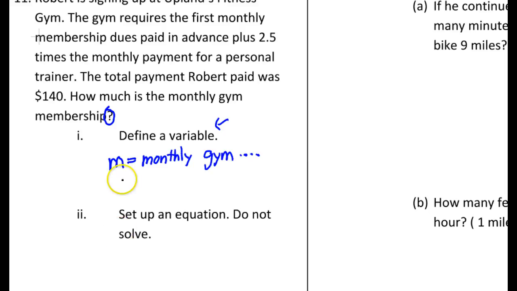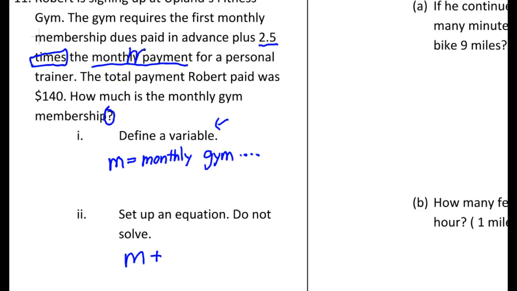So the monthly gym membership, okay, first monthly membership, and that's exactly what M is. It also says he's getting 2.5 times, that's the key right there, times means multiply, the monthly payment. Realize that the monthly payment is the same thing as the monthly gym membership, the same value.